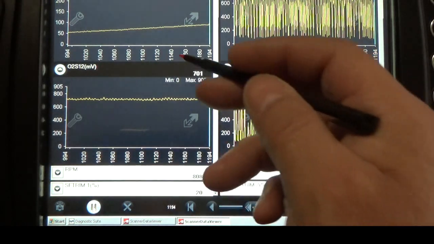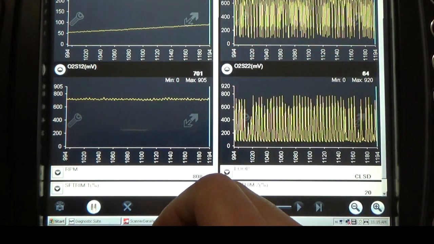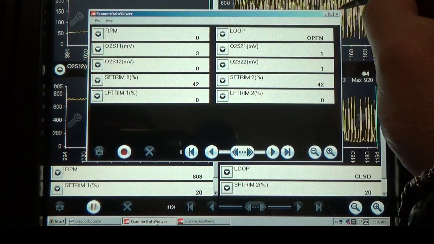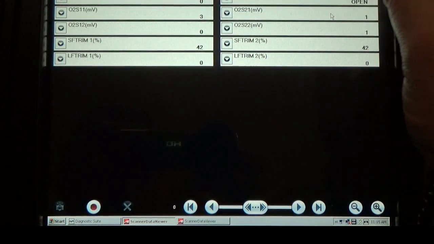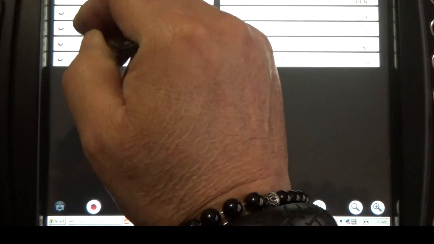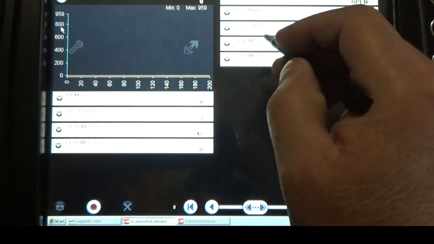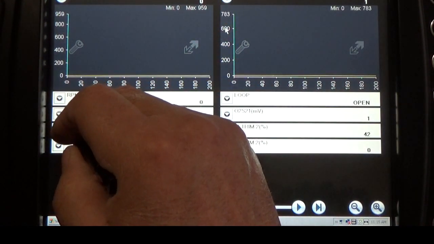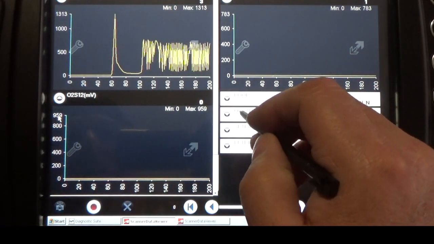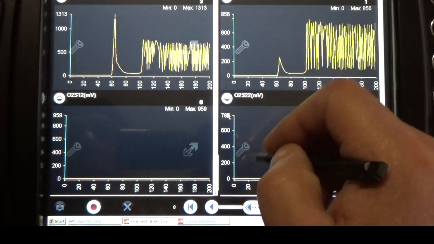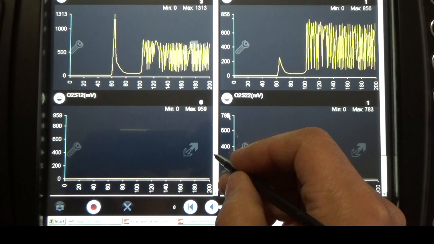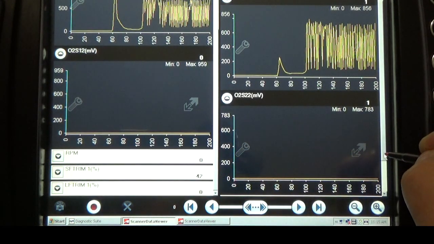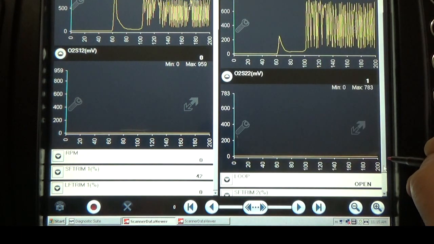Okay, now I'm gonna show you the fix. I'm gonna show you the fix, and you're gonna see the difference. And remember, when you do a fix, you gotta reset the keep alive memory.